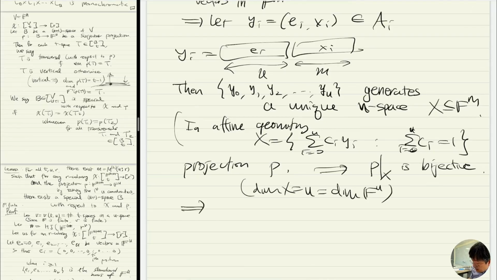This means that X is transversal. Another way of saying it is the dimension of X is equal to U, and I already have it. So X is transversal. It didn't lose any dimension.